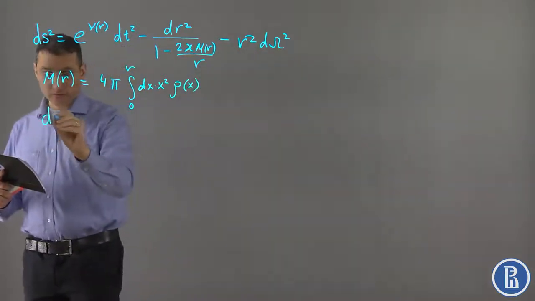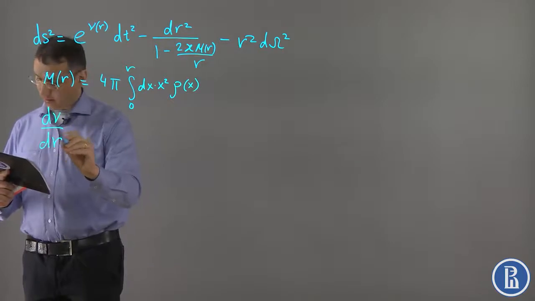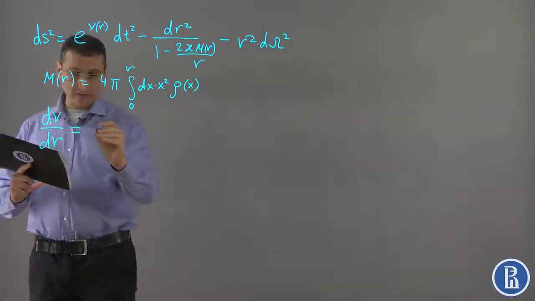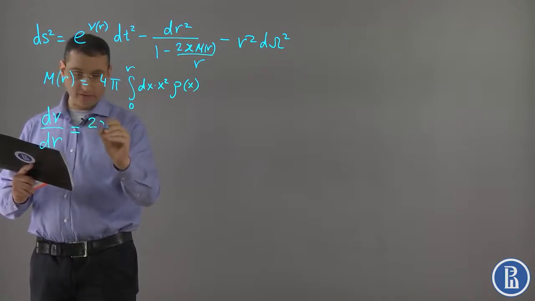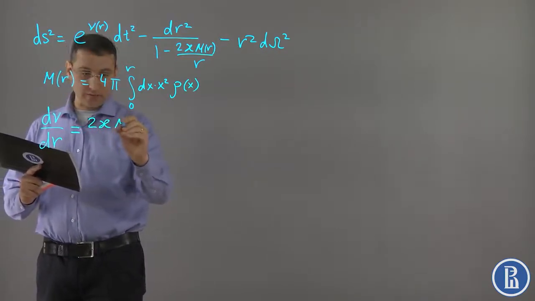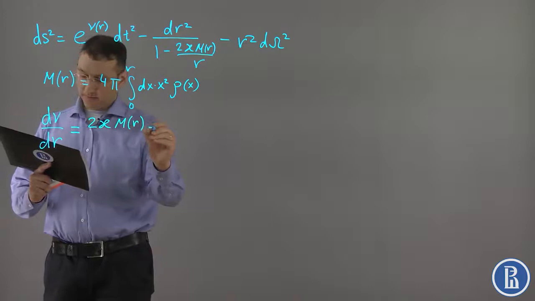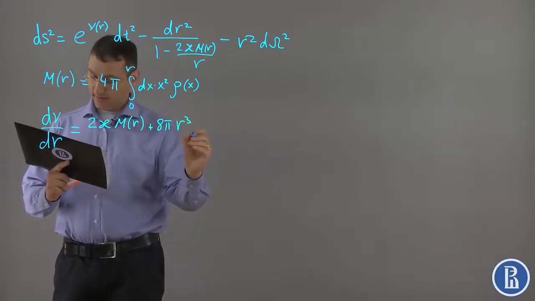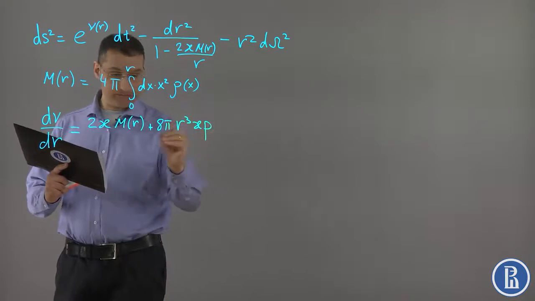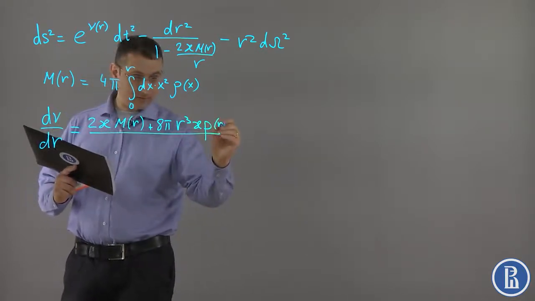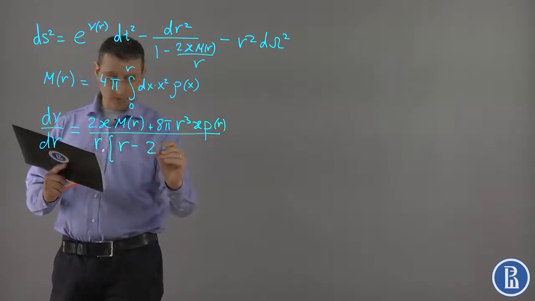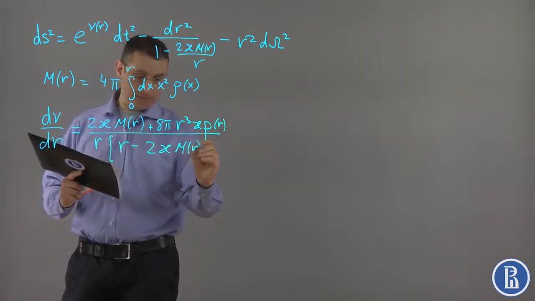And d nu over dr, nu is a gravitational potential, d nu over dr is defined from the following equation: 2 kappa m of r plus 8 pi r cubed kappa p of r divided by r times r minus 2 kappa m of r.